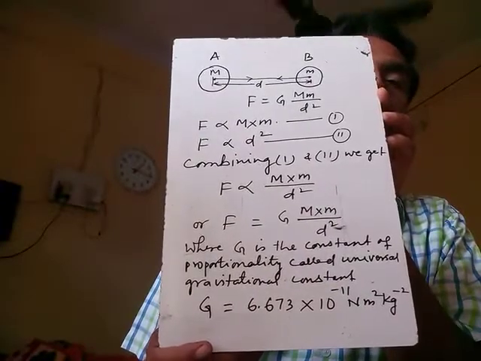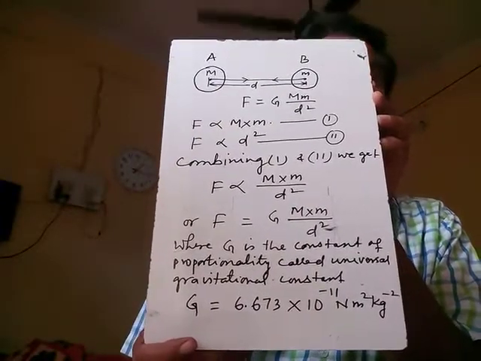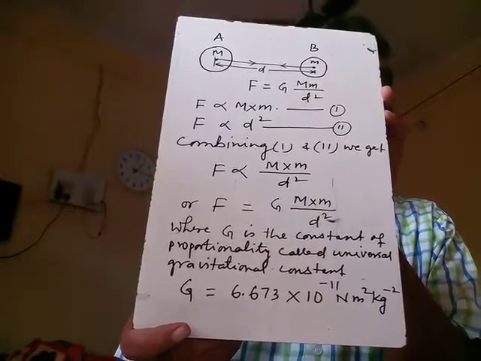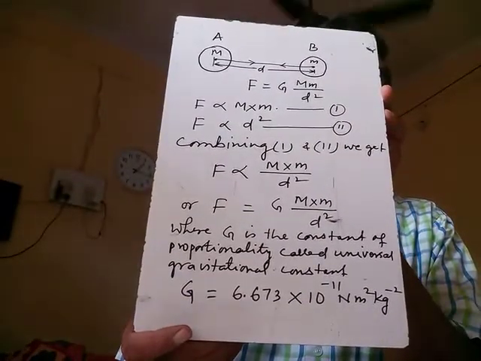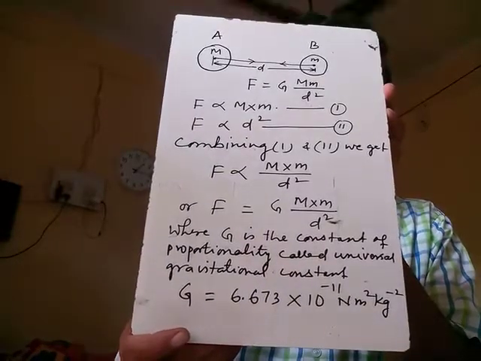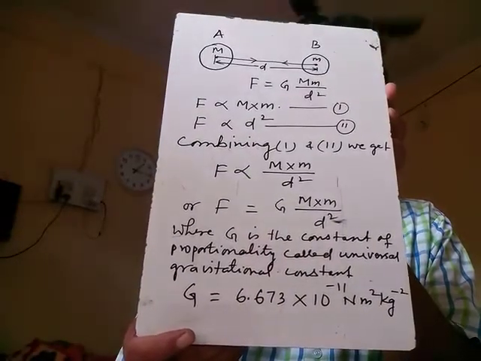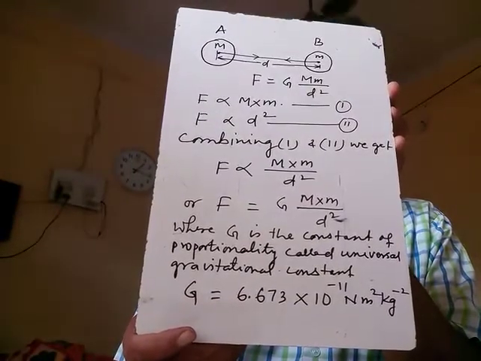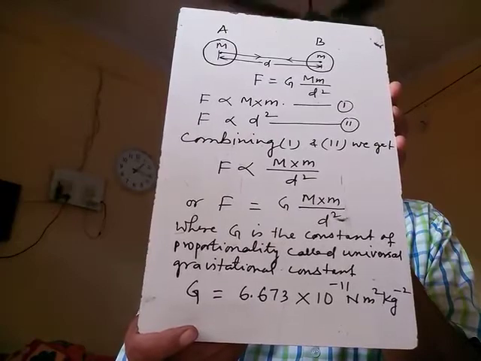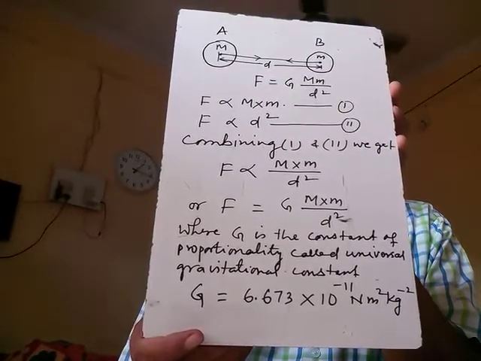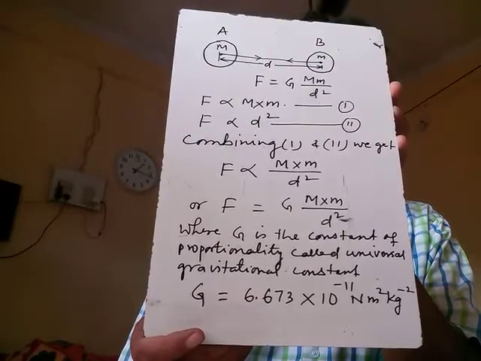In the figure, A and B are two masses. The mass of A is capital M and the mass of B is small m, and therefore the force of attraction between these two is proportional to capital M into small m.